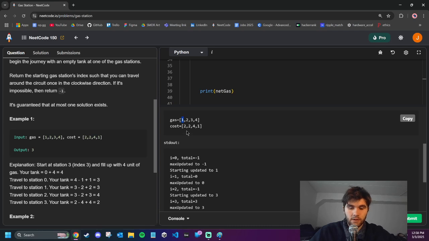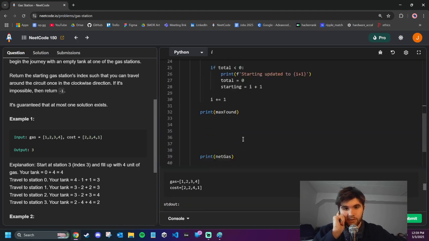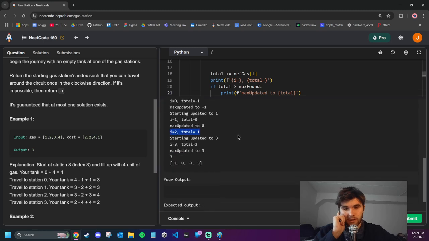We see our cost is negative 1. So we reset, and now the starting of a new streak will be at I equals 1. Okay, I equals 1, total equals 0, so we update our max. So max means that's the biggest sum we found so far is 0. And then max I will still be that. Okay.